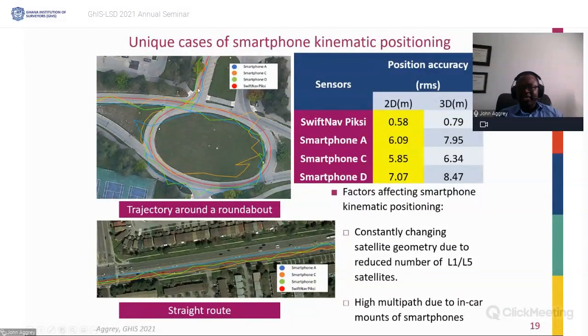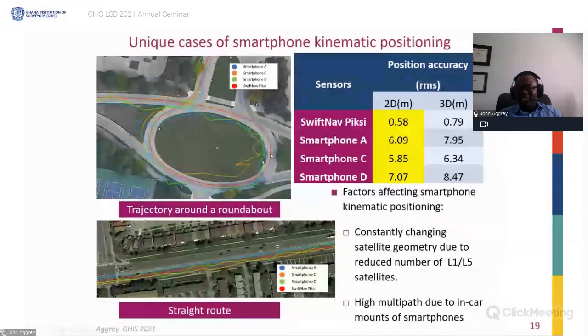The red plot you are seeing is the geodetic receiver. As you can see, for the geodetic receiver, the plot was really nice and uniform, as I would expect, because it's a geodetic grade receiver. But for the smartphones, you can see that it is all over the place. It's not as uniform and well defined as you would think. And the reasons are simple.